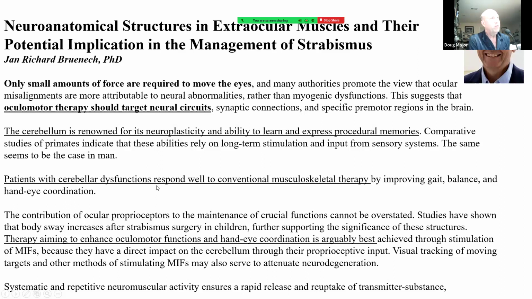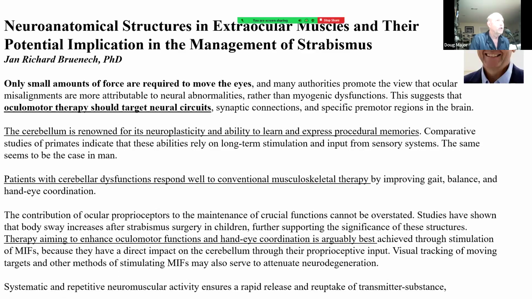And our hero from eye muscles and against eye surgery is Jan. Small amounts of force are all that is required to move the eyes, and oculomotor therapy should target neural circuits. The cerebellum is renowned for its neuroplasticity, its ability to learn and express procedural memories. Cerebellar dysfunctions have been shown to respond well to conventional musculoskeletal therapies, and thus you should have therapies for oculomotor function and eye-hand coordination to achieve the best results.